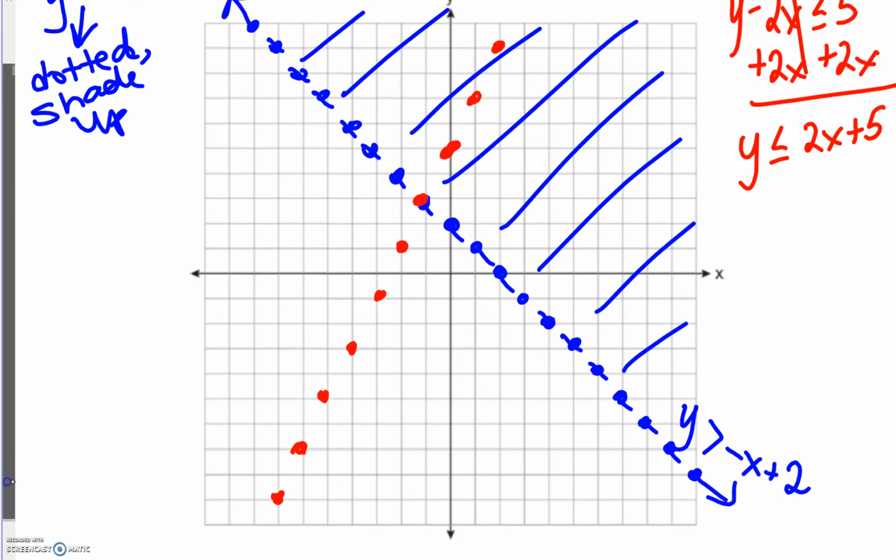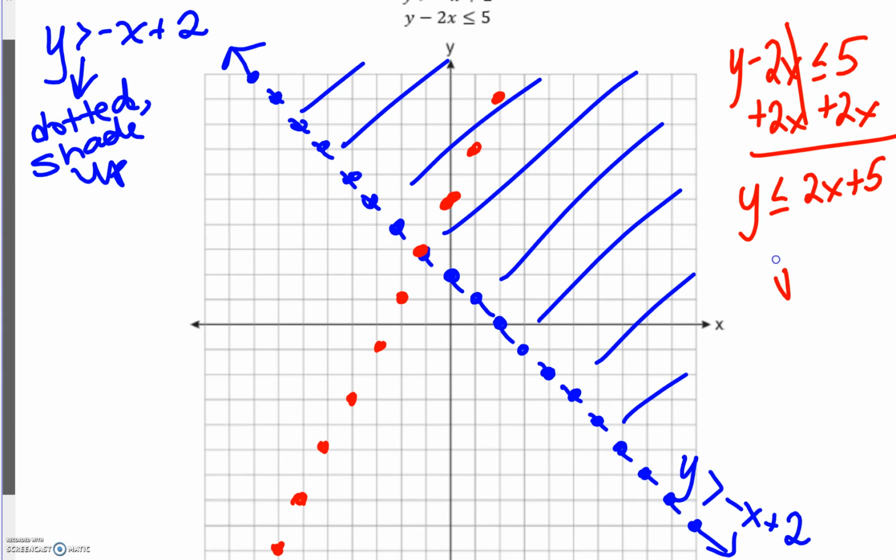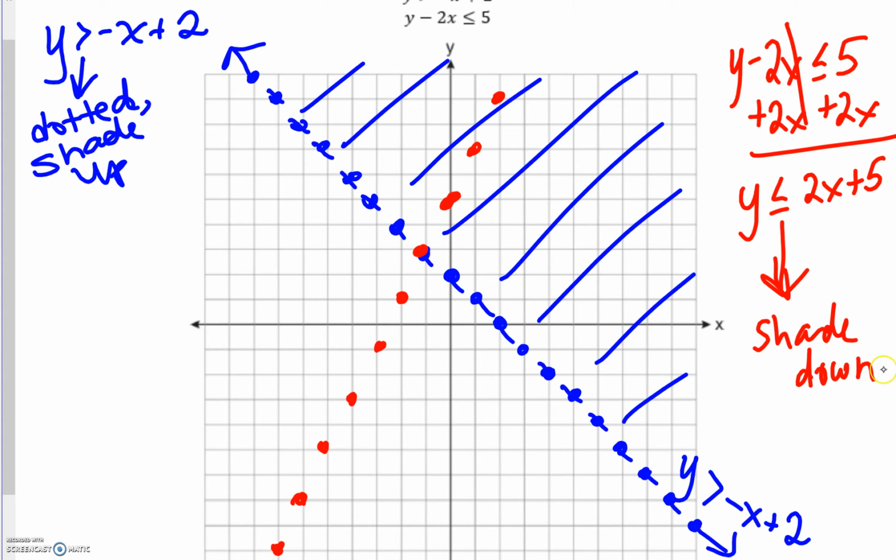And then I'm going to look at the symbol. It's a less than symbol, which means shade down. And it is a solid line, so we're going to make sure we connect all those dots with a solid line. And then shade down.